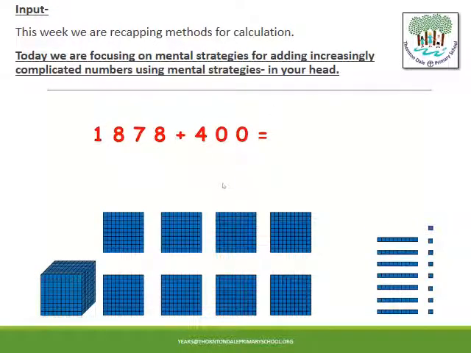Okay, so let's look at this one here. Give me time to think about this one. So we've got 1878, add 400. So we've got 800, going to add 400. What's the problem? How are you going to do it?